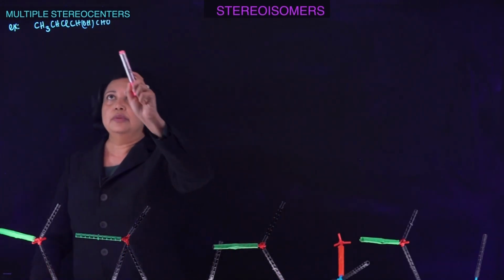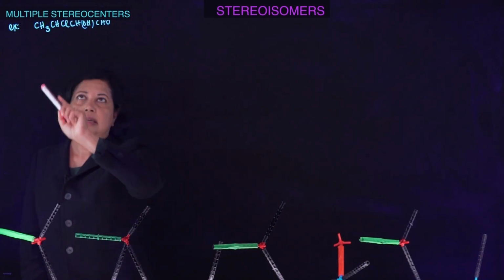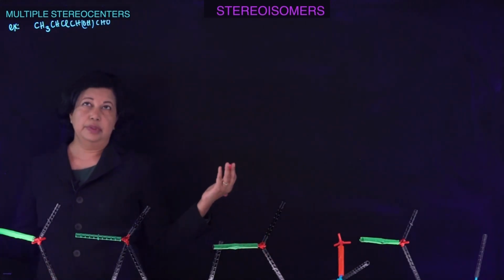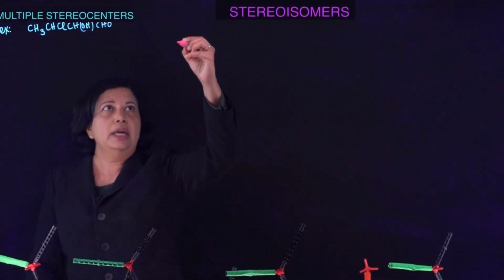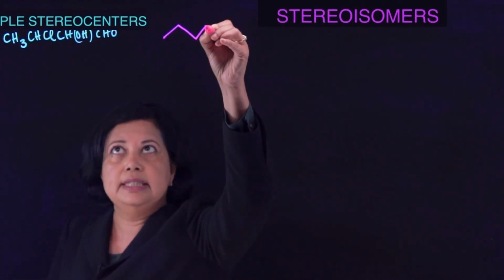You can see that over here, these two carbons have the possibility of being chiral centers. So what are the possibilities for this molecule? Let's analyze that.